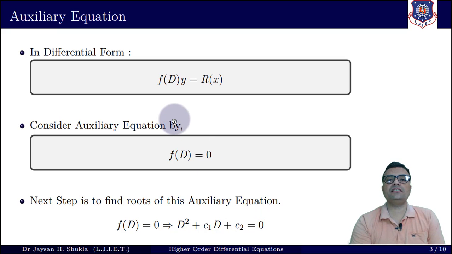Now to find the complementary function, we are focusing on the left hand side of the given equation, and by considering f of D equals 0, we'll get the auxiliary equation, also known as the characteristic equation. Once we have this auxiliary equation, we can take regular factorization on the left hand side and identify roots of this equation.